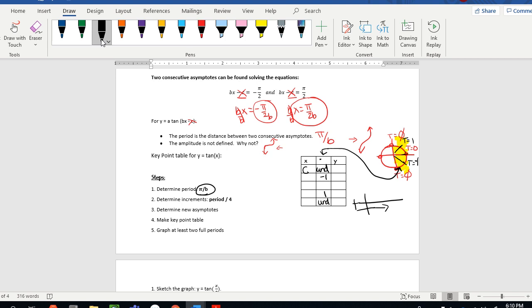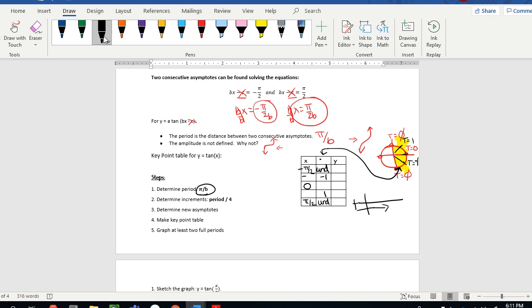So that puts me starting at negative pi over 2 for a standard tangent. This X would be negative pi over 2 to positive pi over 2, with negative pi over 4 next. Now, halfway between that is 0.